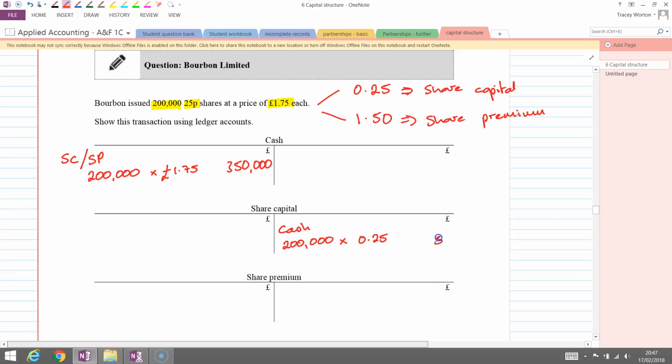So that's going to give me 50,000 credit into the share capital account, and then the remainder would go into the share premium account, so 200,000 shares times £1.50, and so that would mean that 300,000 would be recorded in the share premium account. And this is how we record these shares that were issued at above a nominal value.